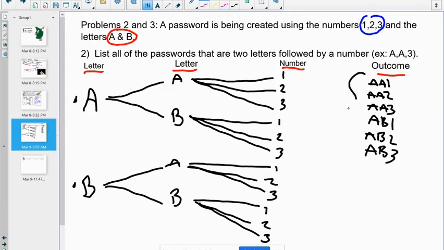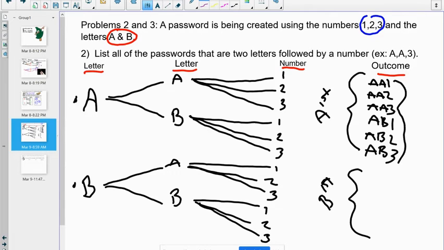Those are just all the ones that start with A. But if we had B first down here, it would have the same amount. So there'd also be 6 down there as well.